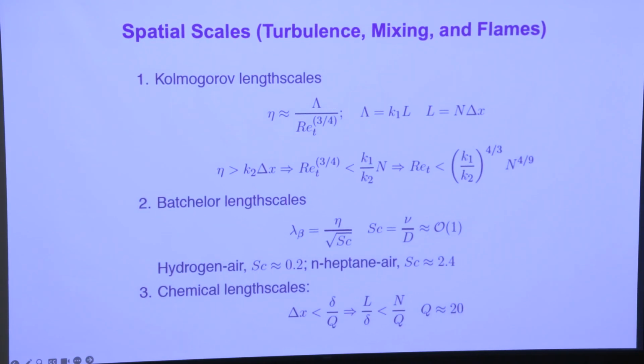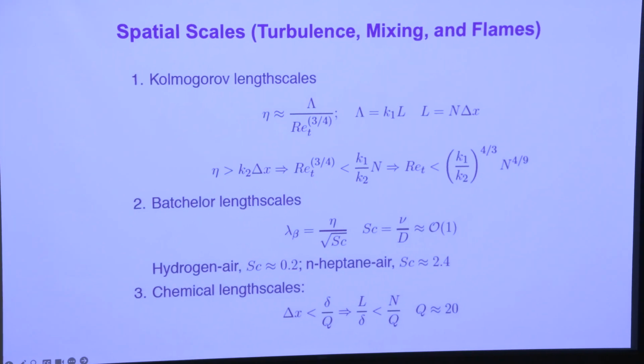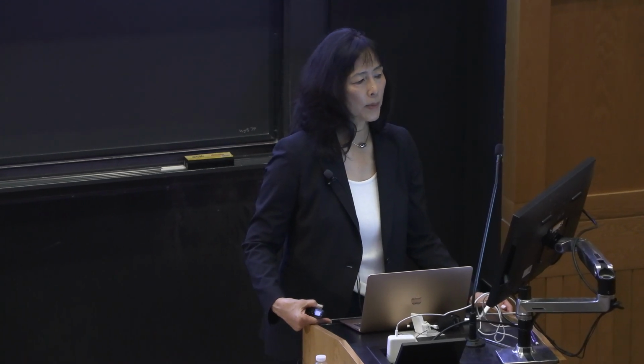In a liquid, that's more like of order 1,000. And so thankfully, the resolution requirements given by the Batchelor scale, lambda sub B here, are quite similar between the Kolmogorov turbulence scales and the reactive scalar scales, because the Schmidt number is going to be of order 1 for most gaseous fuels.